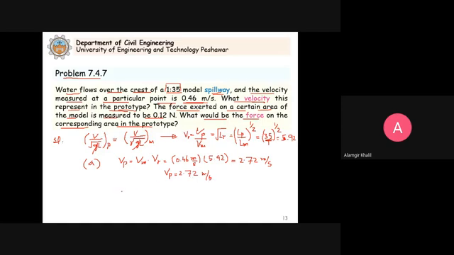Clear? Now in part B of the question, the force exerted on a certain area of the model is measured to be 0.12 Newton. What would be the force on the corresponding area in the prototype? So now we need to calculate the force scale ratio. If we can calculate the force scale ratio, then we can easily calculate the force in the prototype.